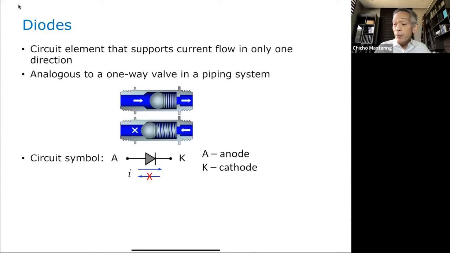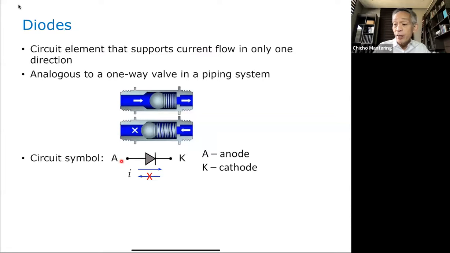So this is the circuit symbol for a diode. There's an arrow that indicates the direction in which current flow is supported. So in this particular case, current flow is supported from left to right, and current flow is not supported from right to left. The left terminal of the diode, we call it the anode, and the right terminal of the diode, we call that the cathode.